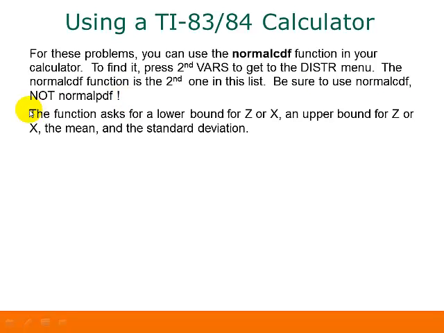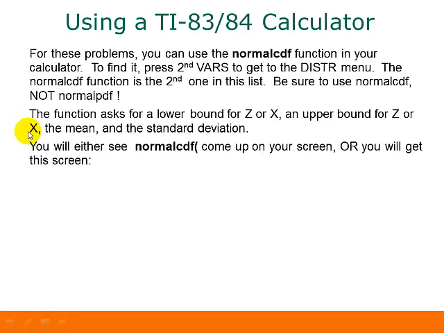The function will ask you for a lower bound for either z or x, an upper bound for z or x, the mean, and the standard deviation. And again, depending on what kind of calculator you have, you will either see normal CDF with the parentheses come up on your screen, or you will get a screen like this one.